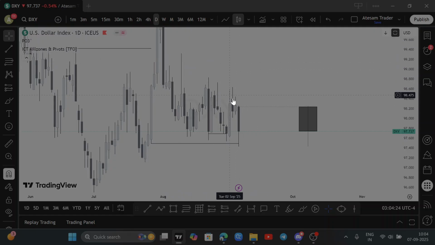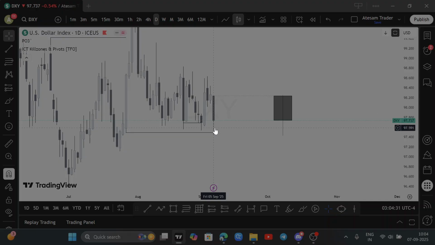Also these are all failure swings, and this can be the target if it wants to go up. Okay, we will see how the weekly performs next week, because we need to wait for Monday, Tuesday, and Wednesday. The more days pass in the week, the more data we will have.